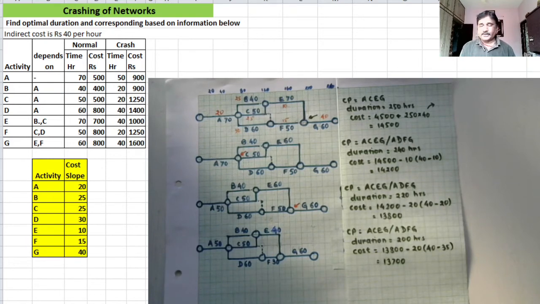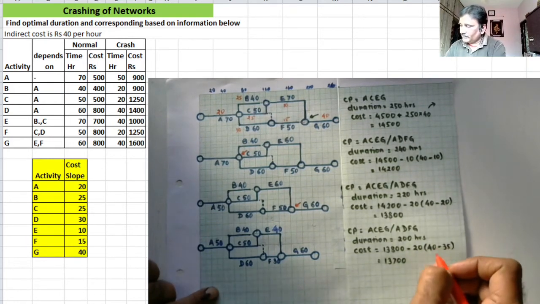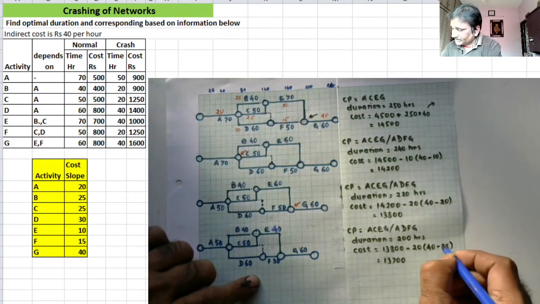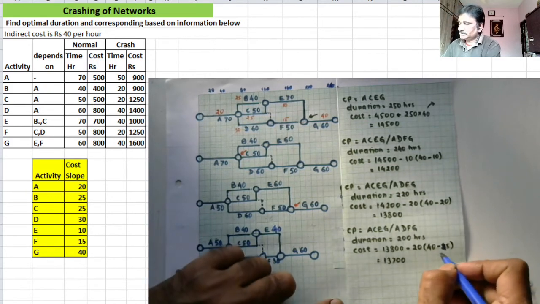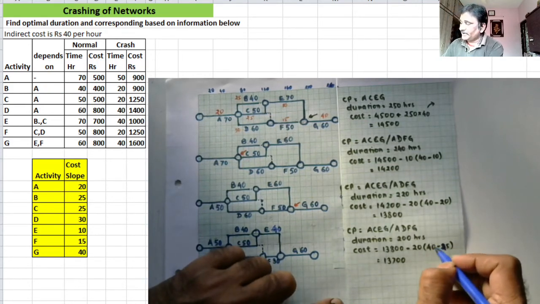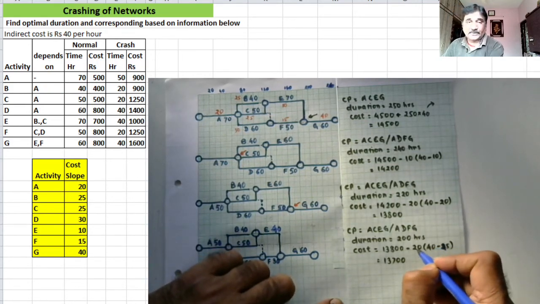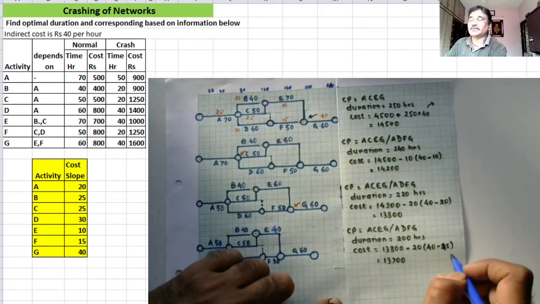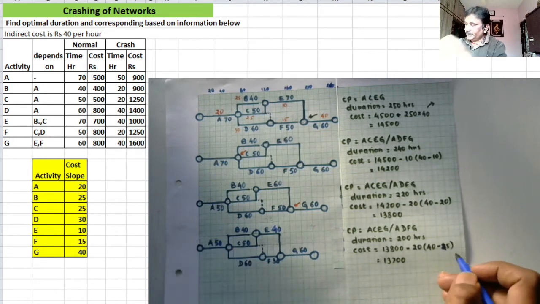So total incurred will be 40 minus 10 minus 15, that is 40 minus 25, that is 15 per hour. This will be the net saving per hour, and you are saving 20 hours. So 20 into 15 comes out to be 300.